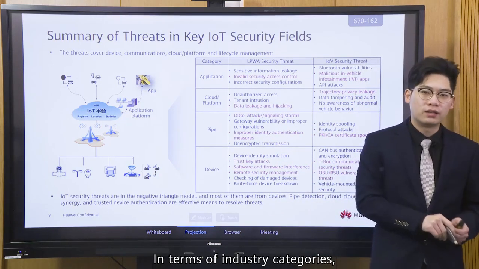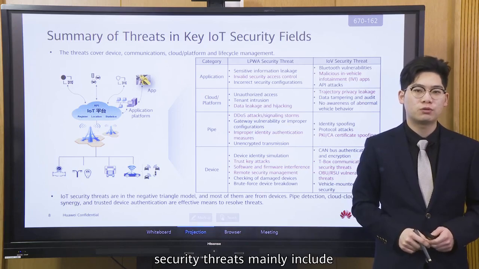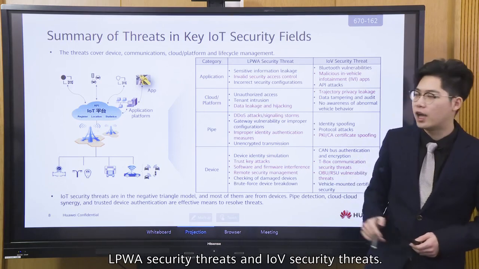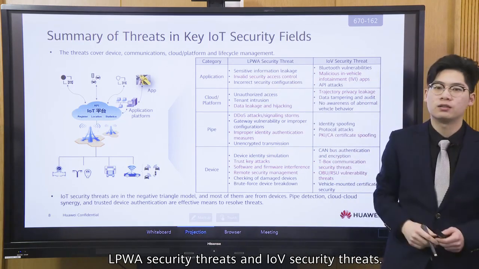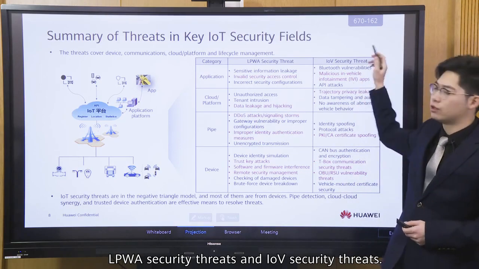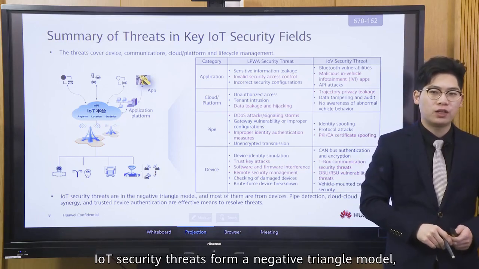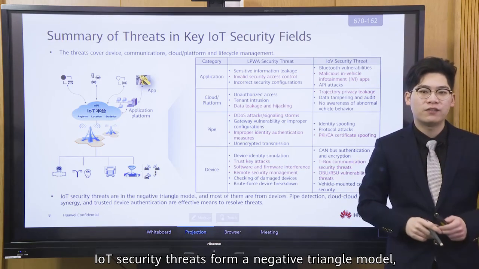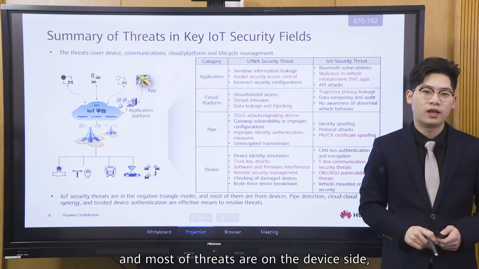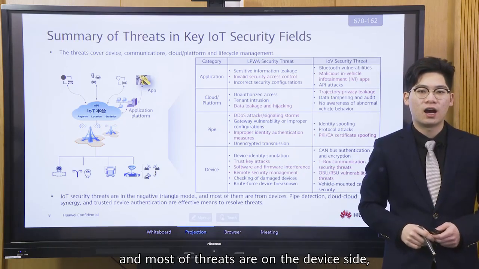In terms of industry categories, security threats mainly include LPWA security threat and IOV security threat. As you can see, IoT security threats form a negative triangle model, and most of the threats are on the device side.